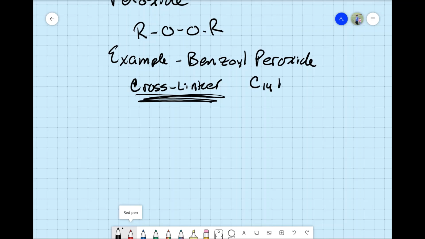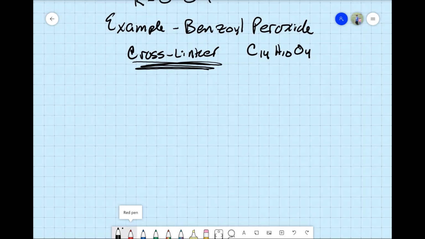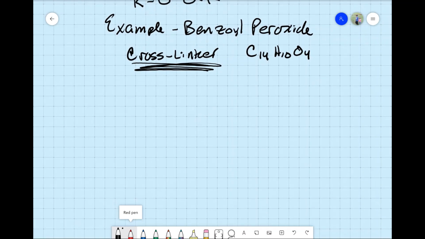I can kind of draw the structure of benzoyl peroxide. I'm going to draw it like that. It's kind of a double bond with this oxygen.